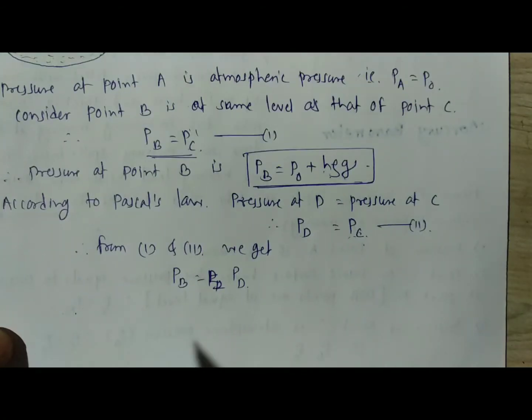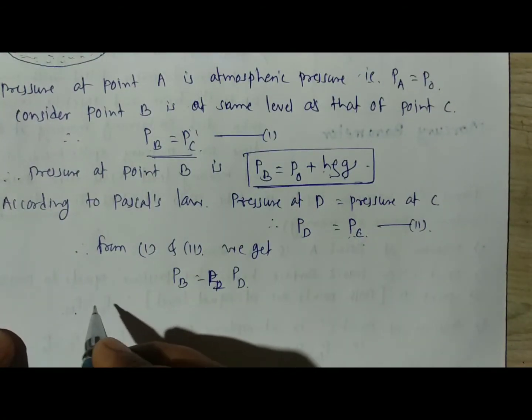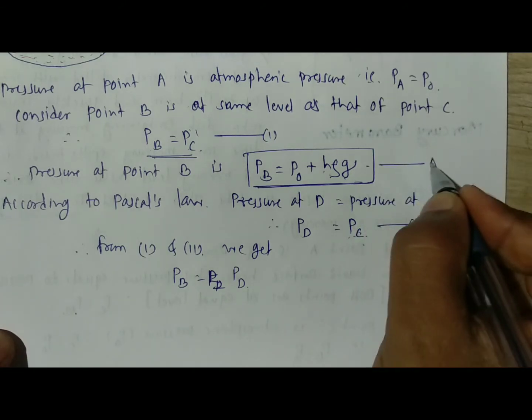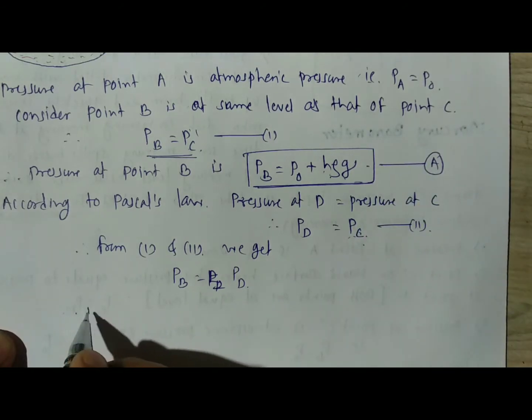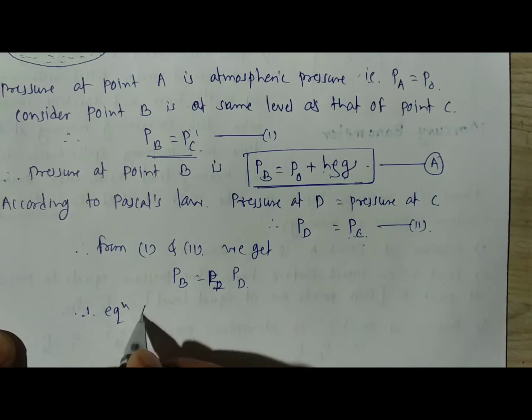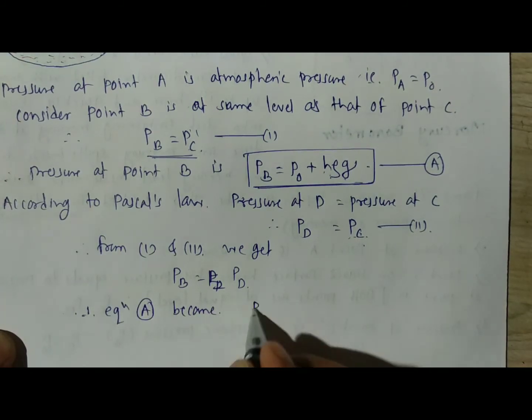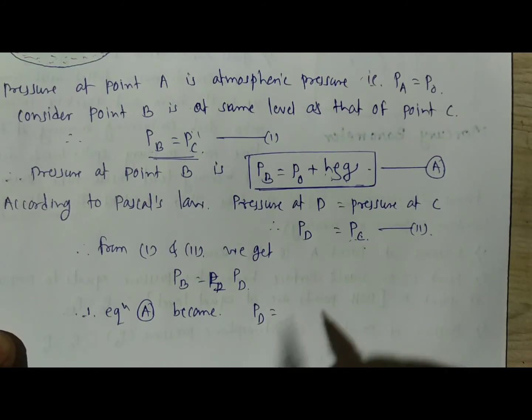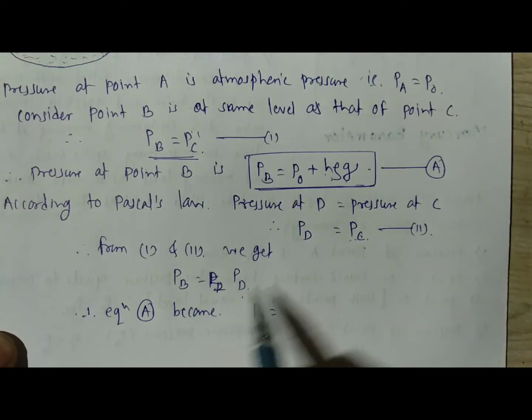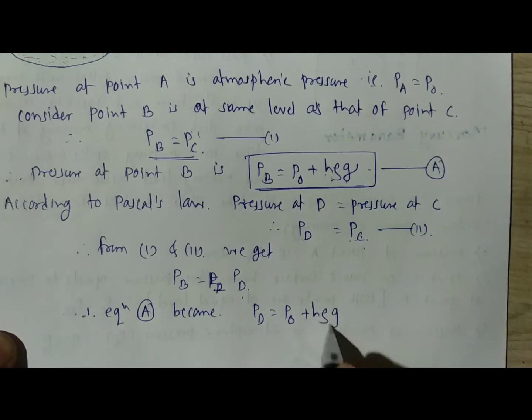This equation, let us consider it equation A. Therefore equation A becomes PD is equal to P0 plus h rho g, because PB is replaced by PD.